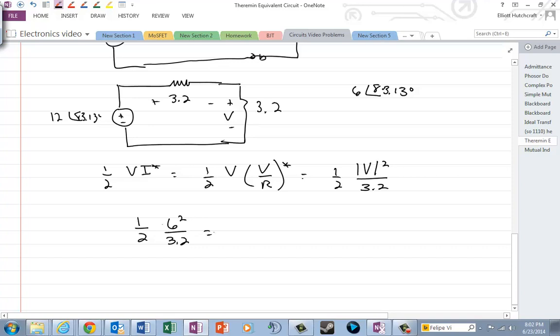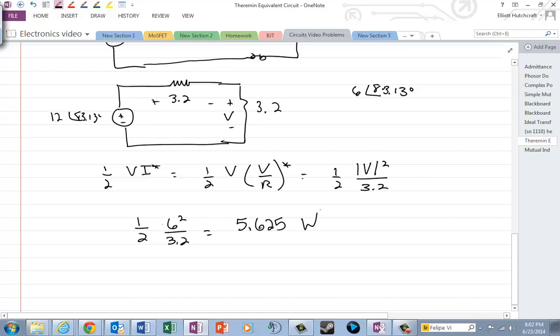So when we work that out, we get 5.625 watts. Since that's purely real, we can just say it's watts.